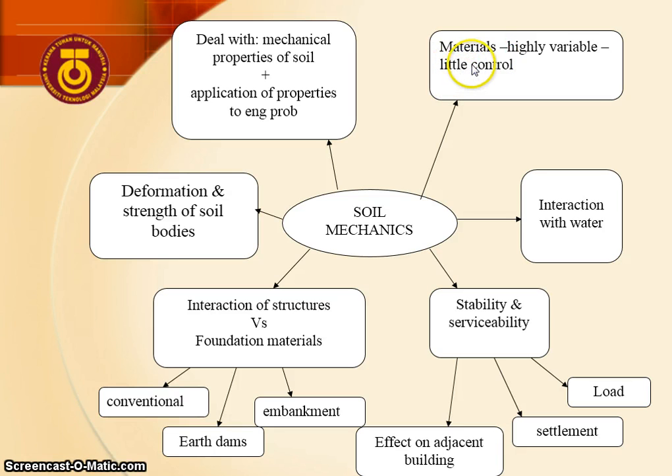Because we want to understand and to have control, as the soil is highly variable and we of course have very little control, as the soil is a heterogeneous material. So in order to control it, we need to understand the soil basic properties or the soil composition. What is inside the soil, what we have.